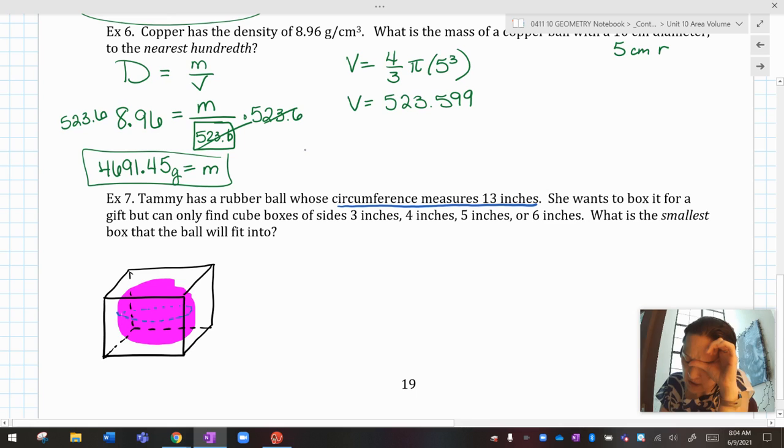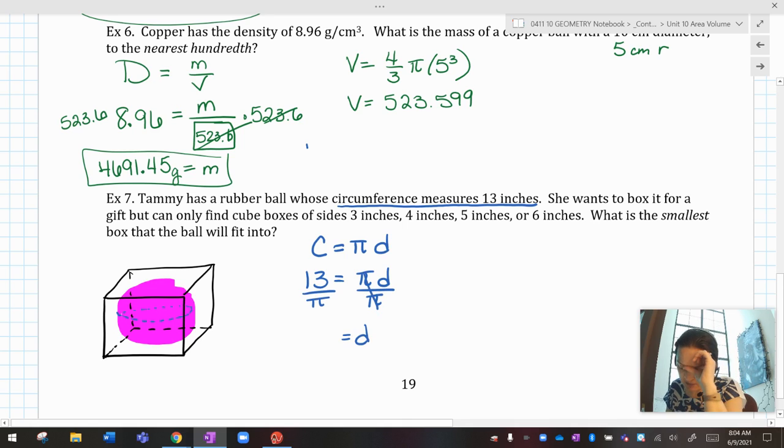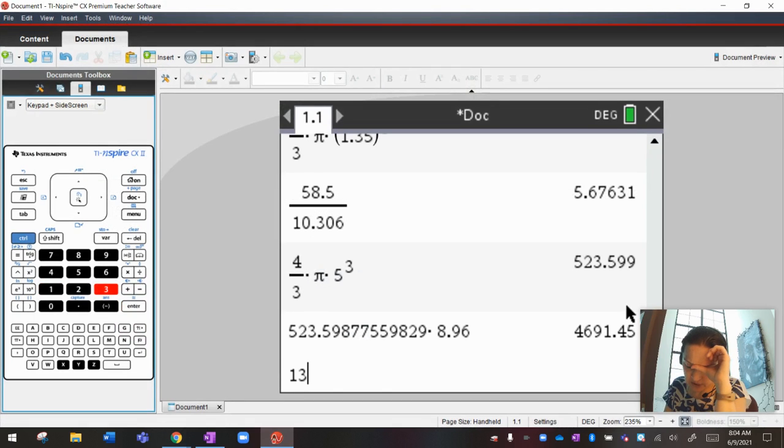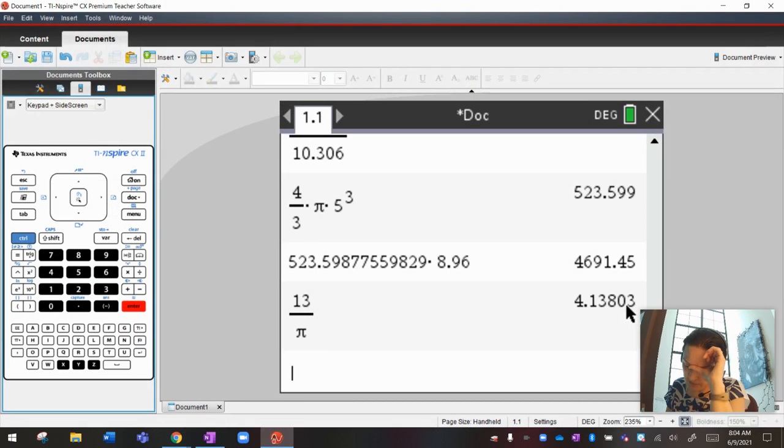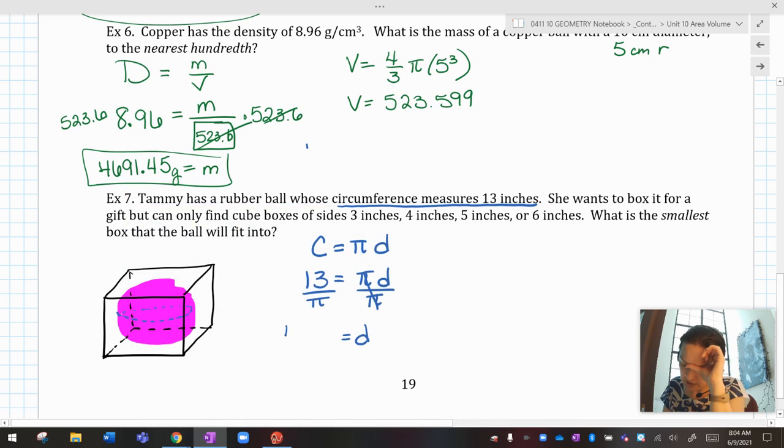Circumference is pi d. That means 13 is pi d, which means my diameter is 13 divided by pi, which is 4.138.